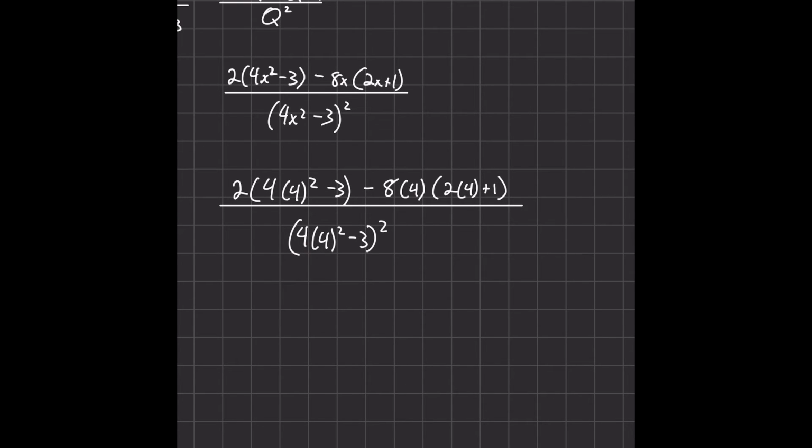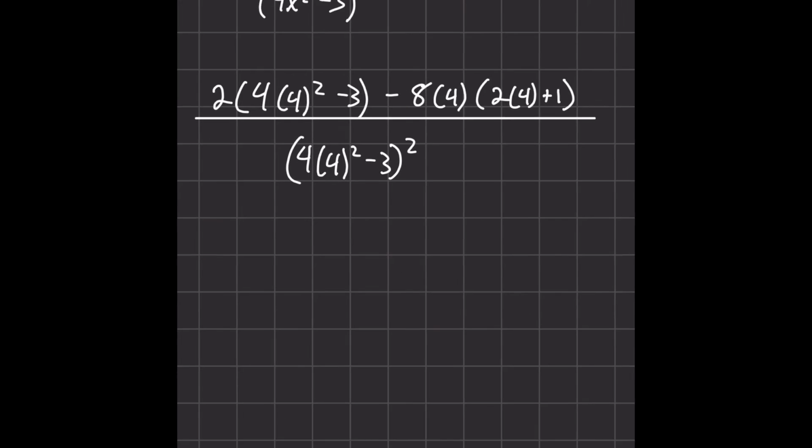And then we can plug this into our calculator, or we can do it by hand. I didn't prepare beforehand, so I'm going to be doing it by hand here. So let's see.